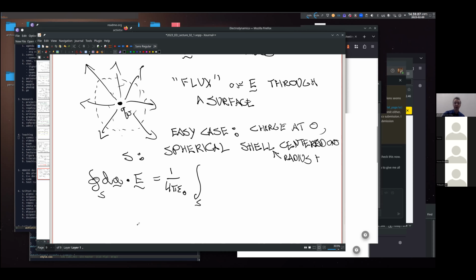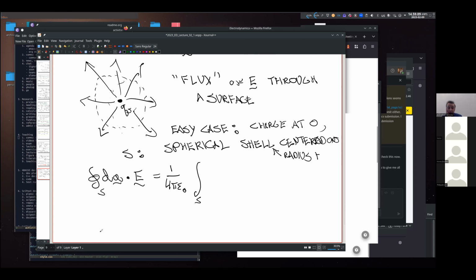Maybe I can do a little drawing to help you out. So I've got my 0 here. I've got my certain radius here, and then my angle theta. I've got my angle phi going this way, right? And then I have a little differential surface element here, which goes out in the r hat direction.